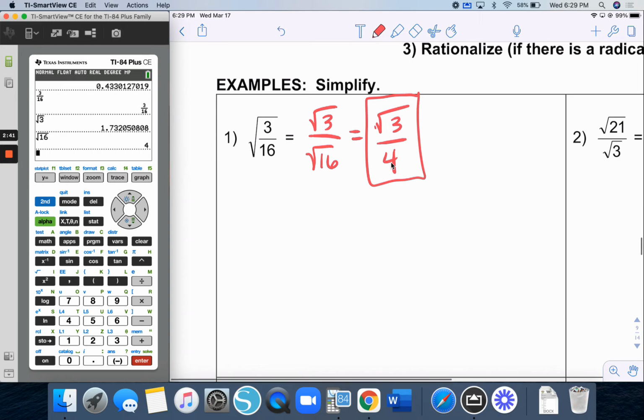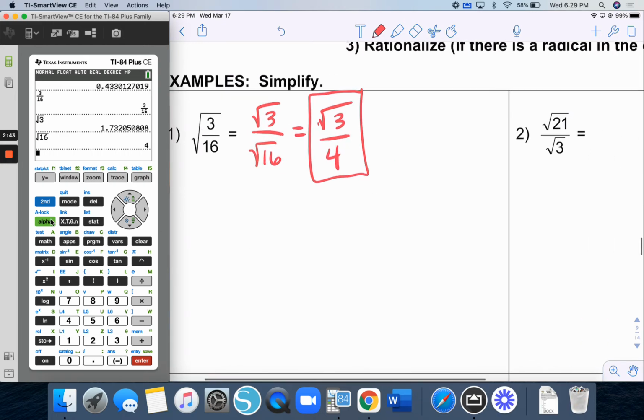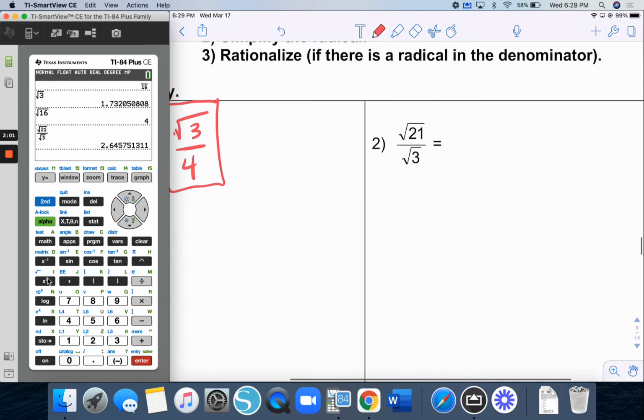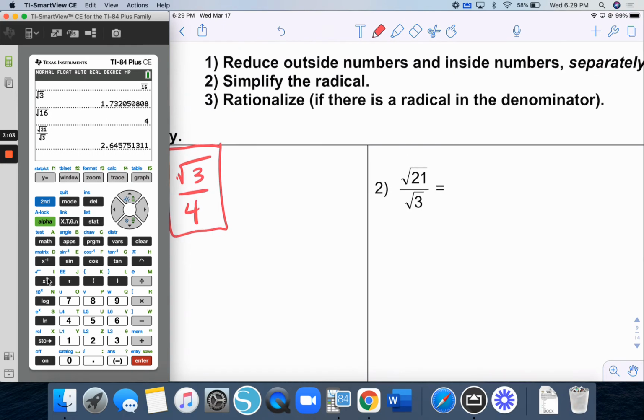Okay? So number 2, if I type this into my calculator, the square root of 21 over the square root of 3, we get an ugly decimal. So this is where we want to reduce the inside and outside numbers separately.